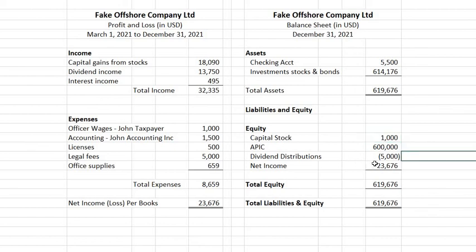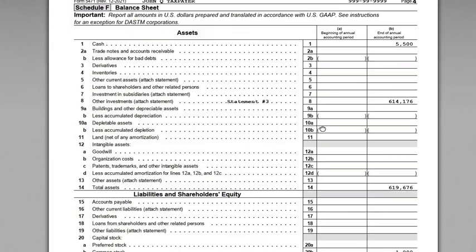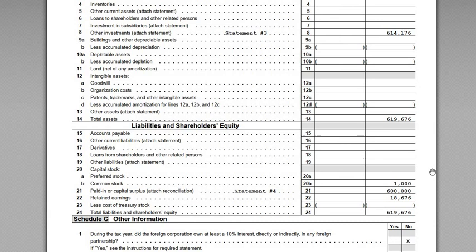Now, on the dividend distribution side, towards the end of the year, the company did distribute dividend income to each shareholder. It totaled $5,000, so 75% went to John, 25% went to Jane's Bermuda company. Now the dividend distributions, if we look at the Schedule F really quickly, you'll notice those numbers aren't reported here.